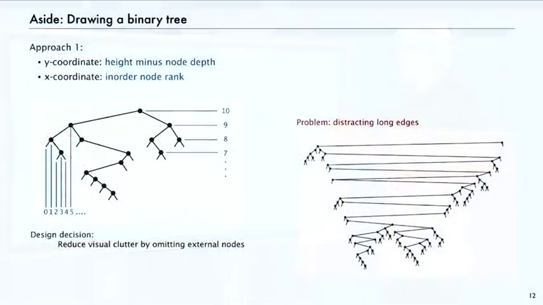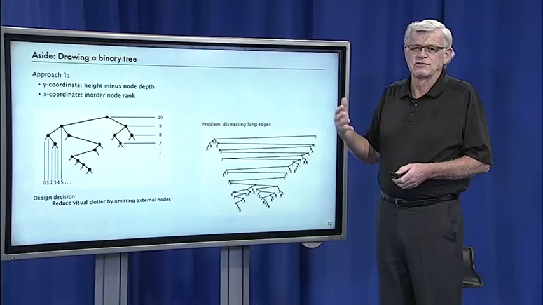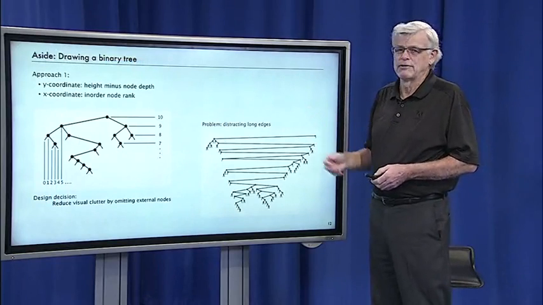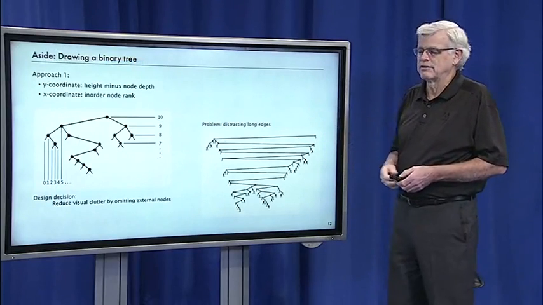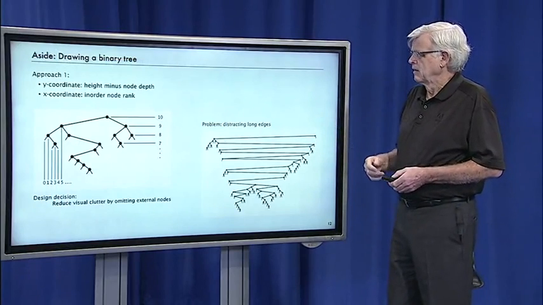Just as an aside, at this point, it's worth thinking about the idea of an algorithm for drawing binary trees. And I want to show that because I'm going to be showing a lot of binary trees. And the exercise of writing a program for drawing binary trees is a worthwhile exercise for everyone to do.